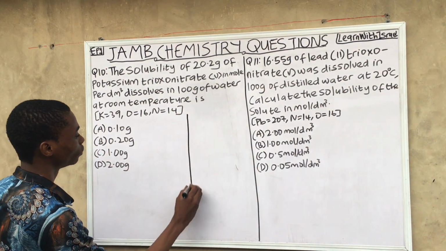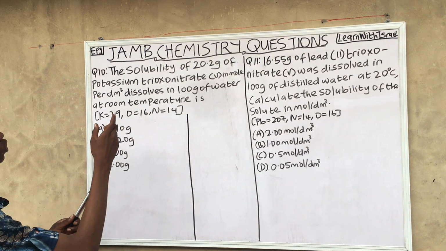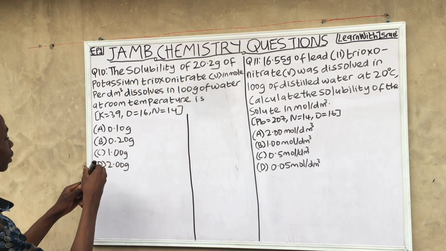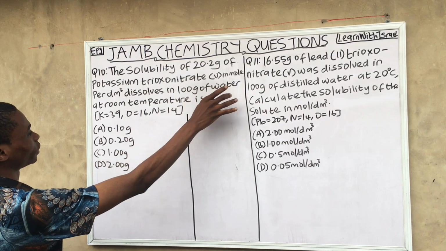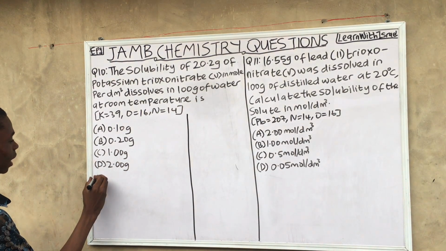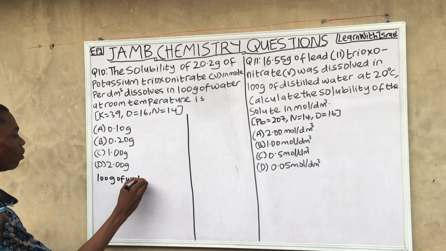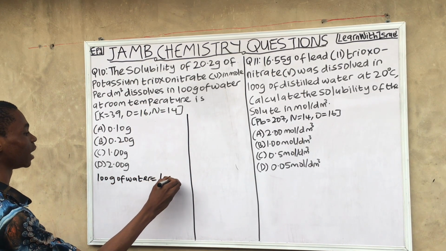So let's solve. If we don't know our answer, we have to solve to get our answer. So we have to calculate for solubility. So let's start from 100 grams of water. 100 grams of water is also known as 100 centimeter cube. I hope you guys know that 100 grams of water equals 100 centimeter cube.